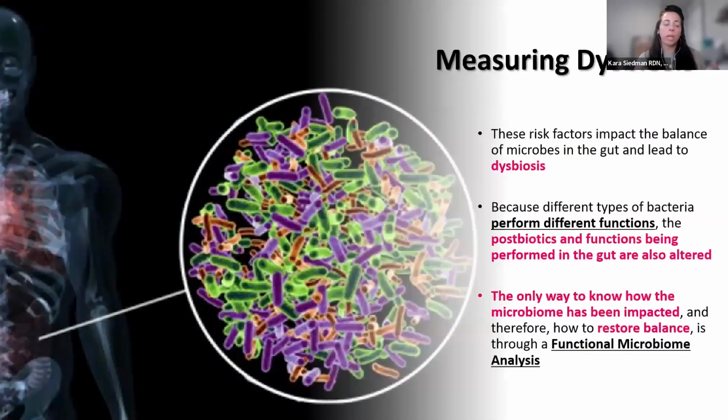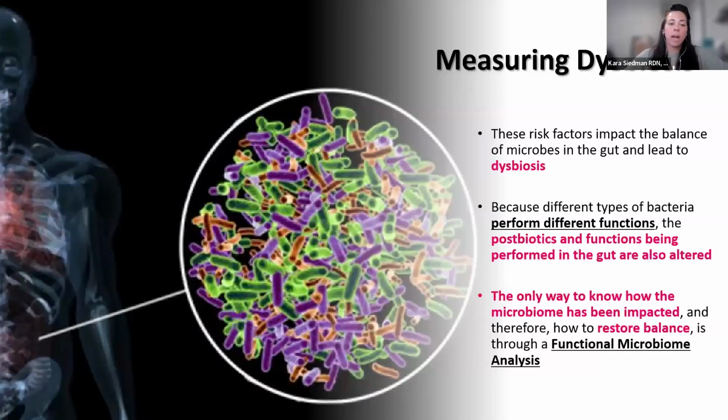So when we look at what a functional microbiome analysis is, it's really there to provide us with the insight and the data on how the microbiome is being impacted by the exposome, by these microbiome disruptors, by conditions that we're dealing with, even our diet, all the things that we're doing within our lifestyle. It can give us insight into how well our microbiome can handle those disruptors, how strong our foundation is, and how this can be driving some of the clinical presentation that we see with the patients we work with.